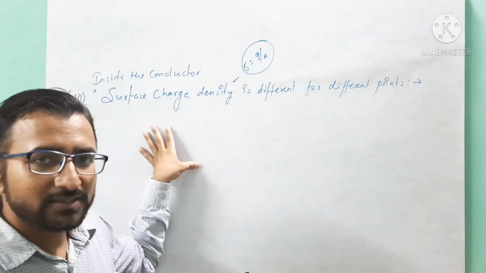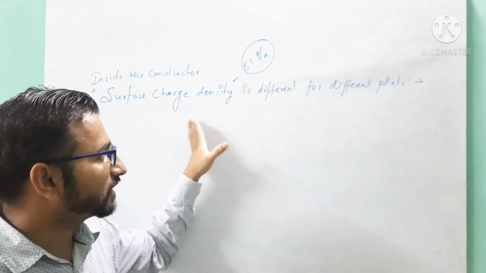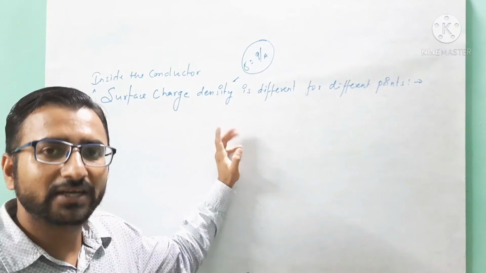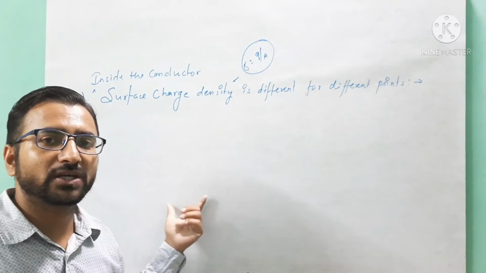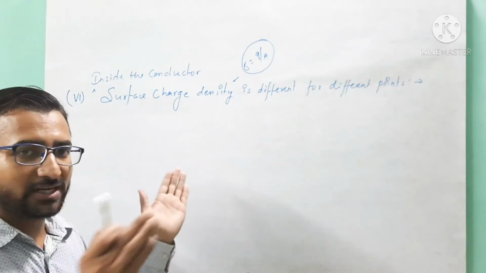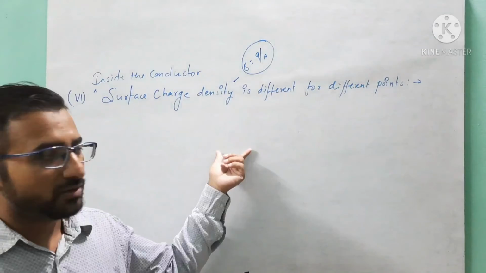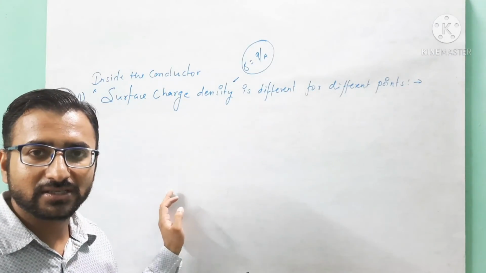Where Q is positive, sigma will be positive, so we get positive surface charge density. Similarly, where Q is negative, because the rearrangement occurs during the flow of electrons, we get negative surface charge density.